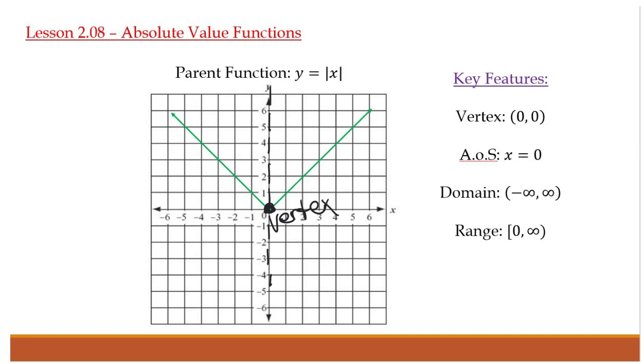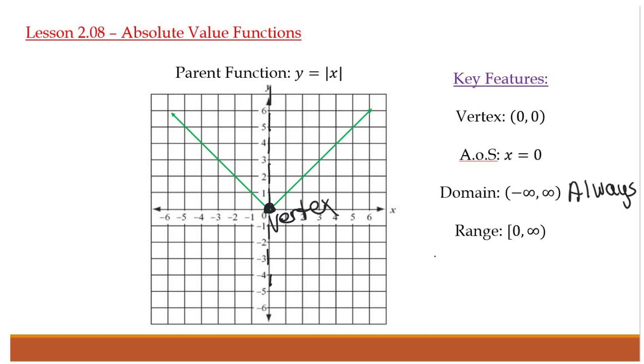The domain of an absolute value function is always going to be from -infinity to infinity, always going to be. Transformations do not affect the domain. The range, due to the fact that the range is always positive, is going to be from 0 to infinity.